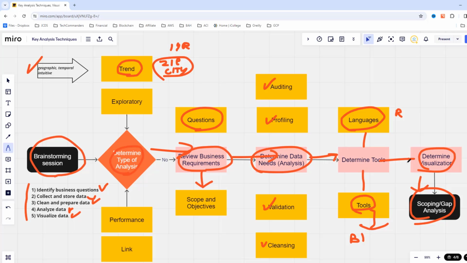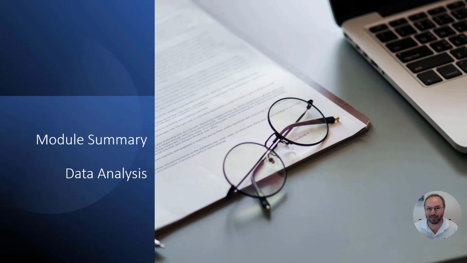Well, it makes sense that visualization should come after the tools and determining what we use, but it definitely needs to come after what? After we analyze the data. Does it make sense to visualize data until it's actually cleaned and validated and profiled or audited or whatever we have to do? So with that said, let's move on to the next lesson.